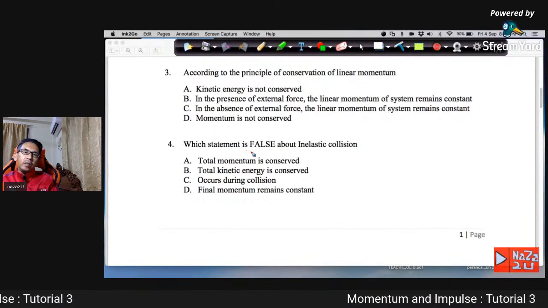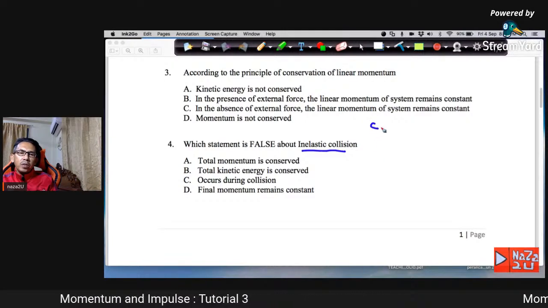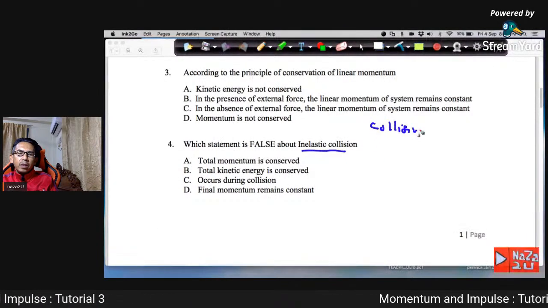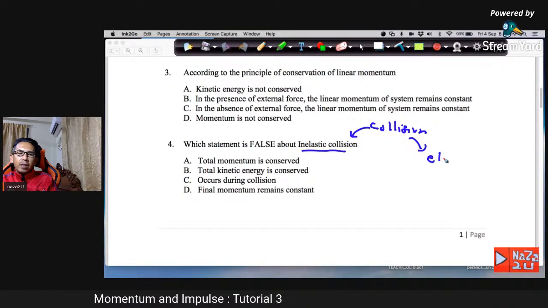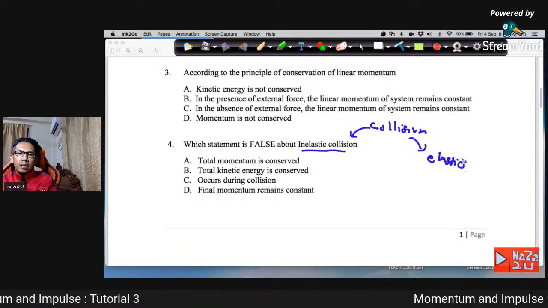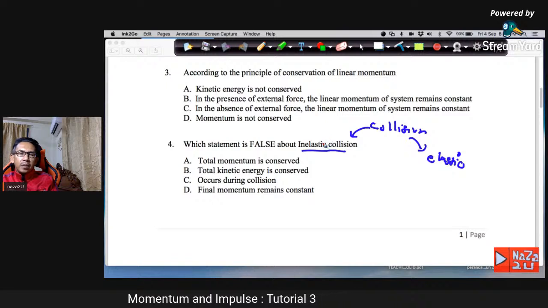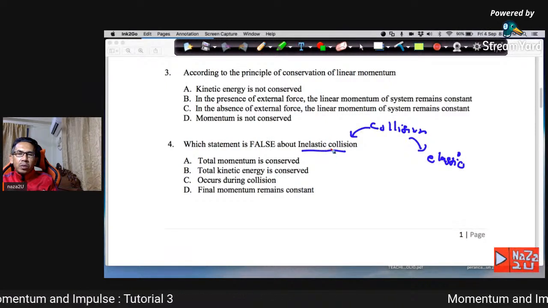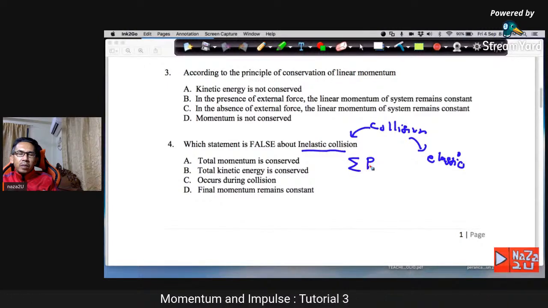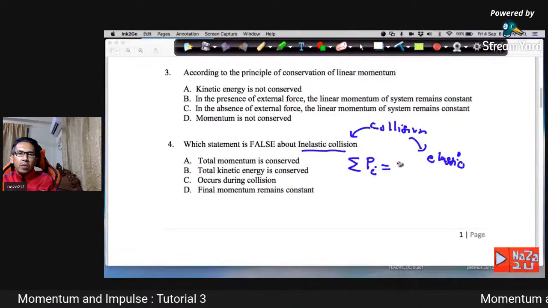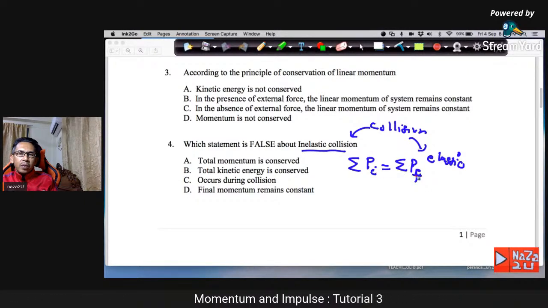Which statement is false about inelastic collision? So we have 2 types of collision. The first is inelastic, and the second type is elastic collision. So the difference between inelastic collision and elastic collision is, first, if you look at the total momentum before and total momentum after, it is conserved.